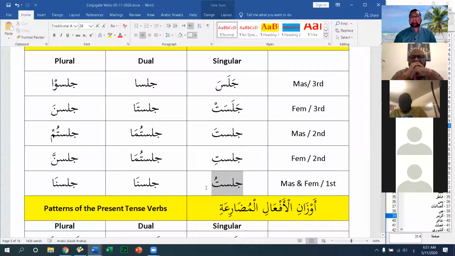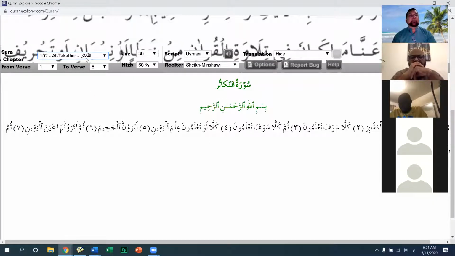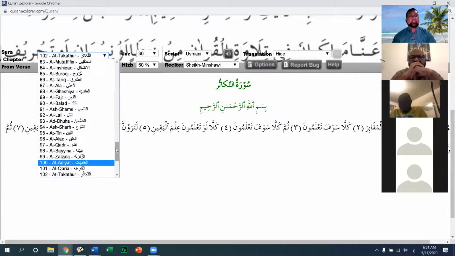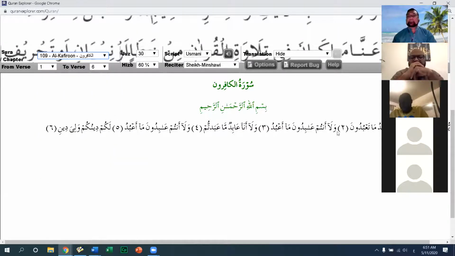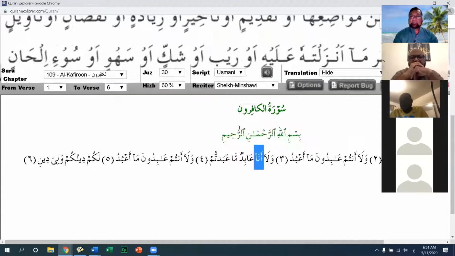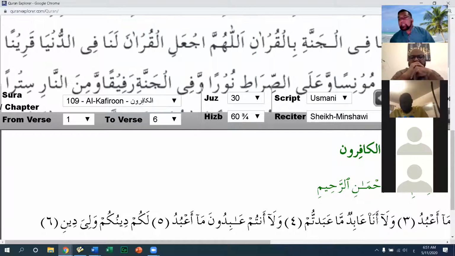Ana jalastu. Normally we write the aleph like this, but that aleph is not pronounced. If you look at Surah Al-Kafirun, for instance, you would see it says wala ana, and they put a little circle above that aleph.